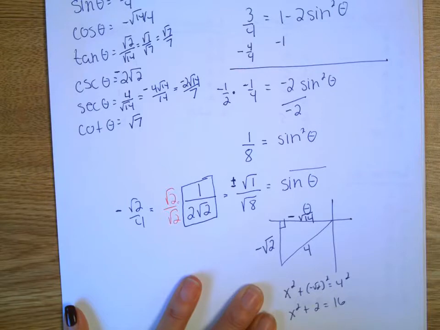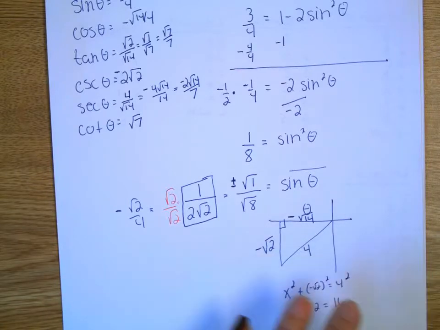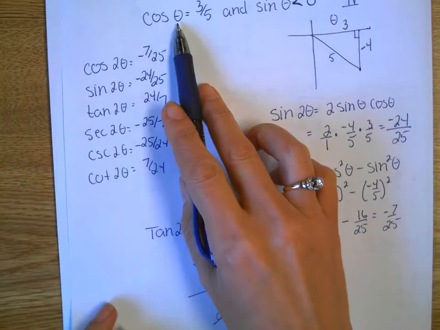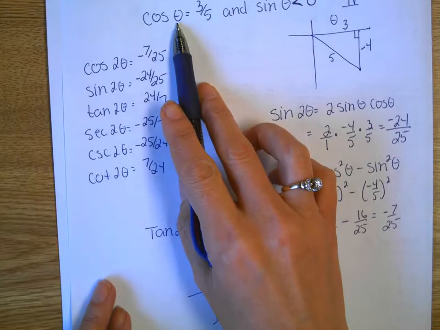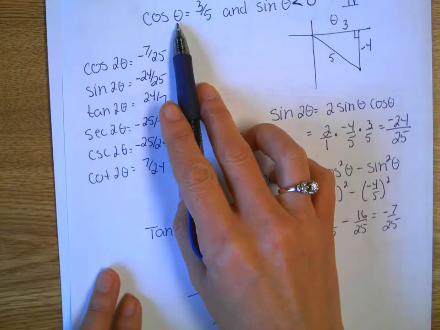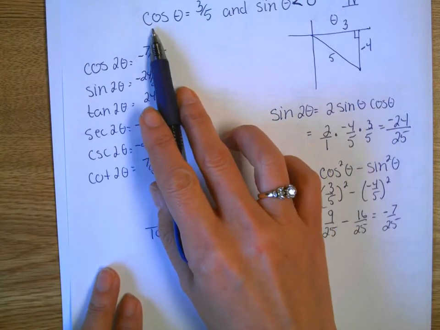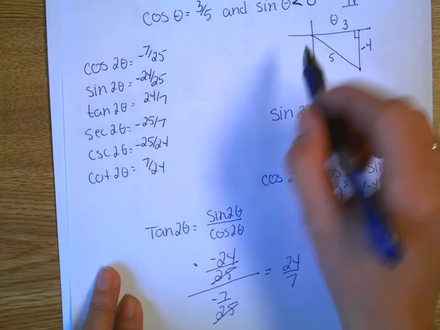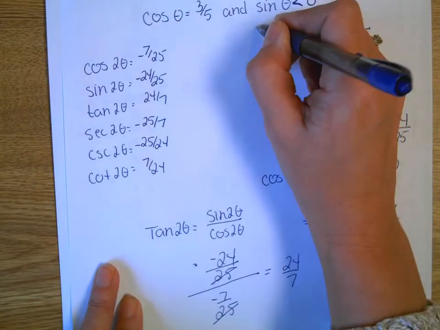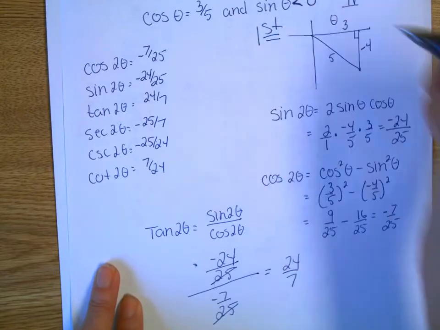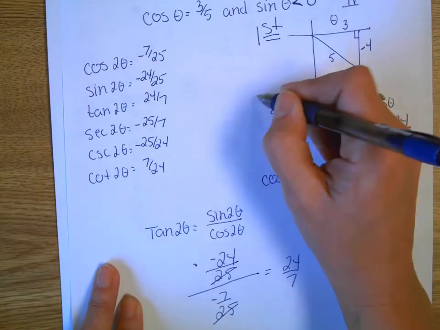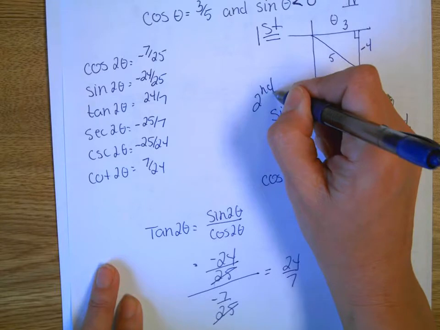I do want to point out the difference. If you start out with theta, you sketch a triangle first. Then use your identities.